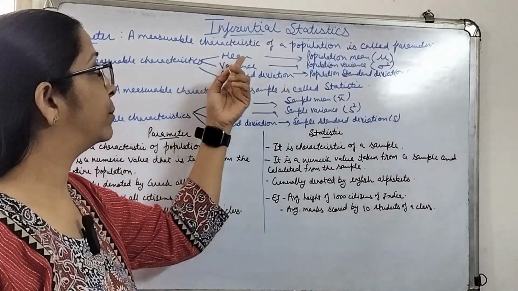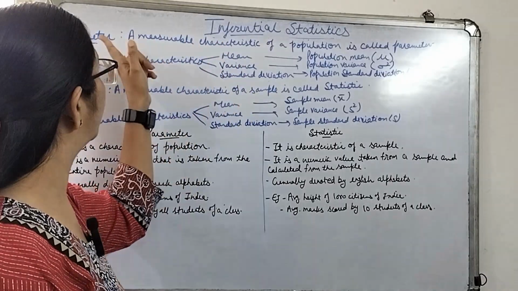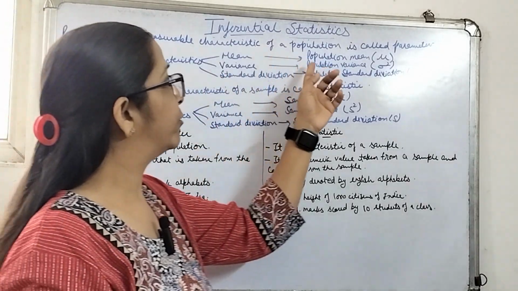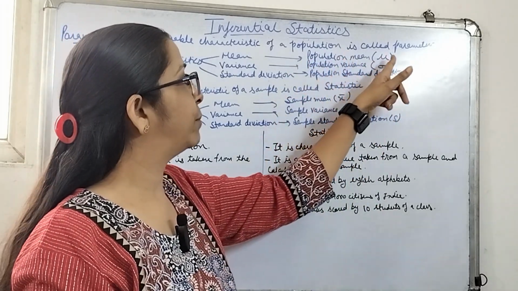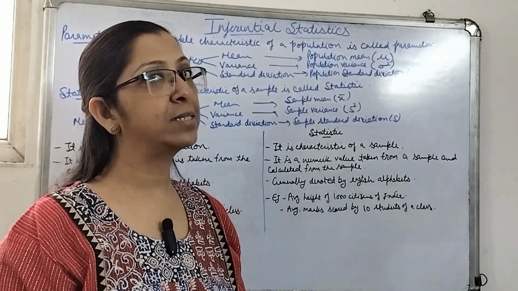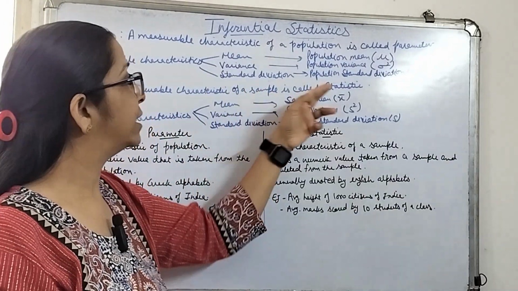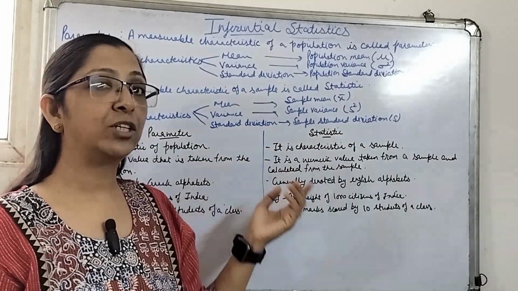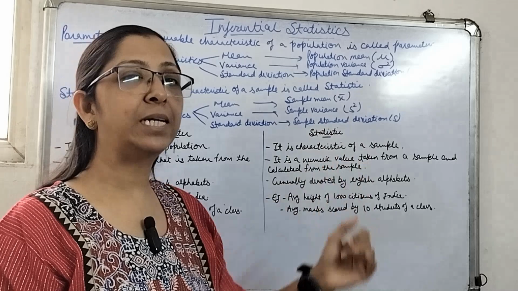Like if we are measuring mean, variance and standard deviation for the population, it will be known as a parameter, that is, population mean, population variance and population standard deviation.